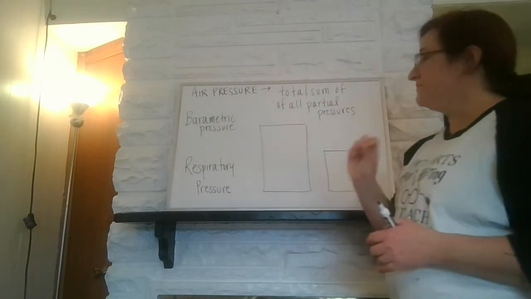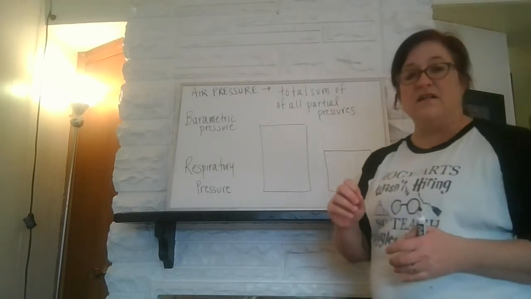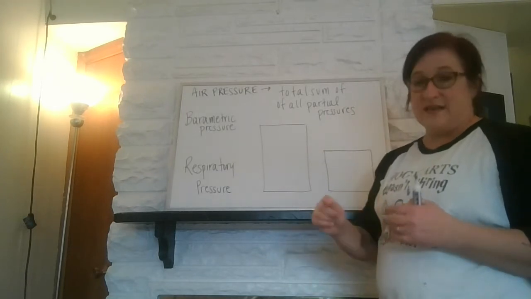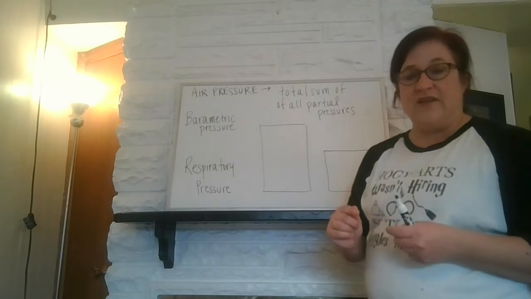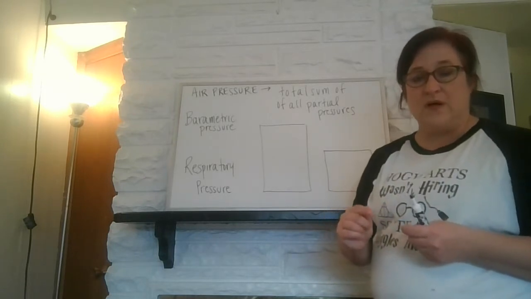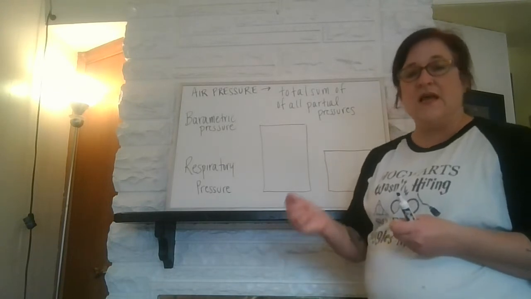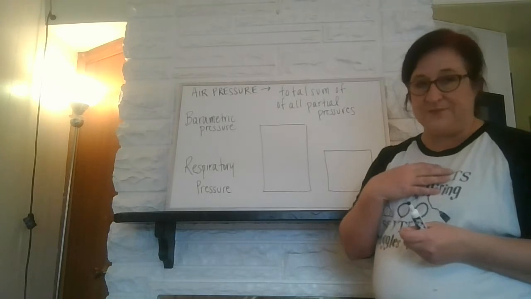So if we're trying to figure out how we're going to get air into the lung cavity so that gas exchange can take place, it does occur down concentration gradients. To understand that, we have to understand what makes up air pressure or barometric pressure, or pressure in the environment, and respiratory pressure, or pressure in the chest cavity itself.